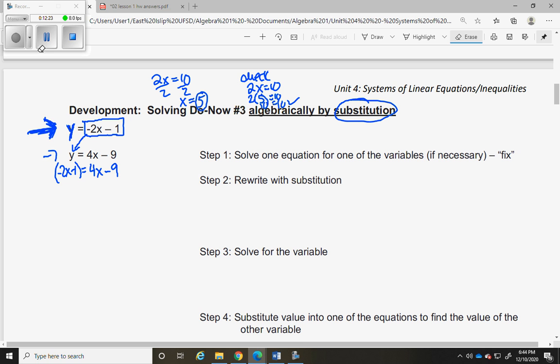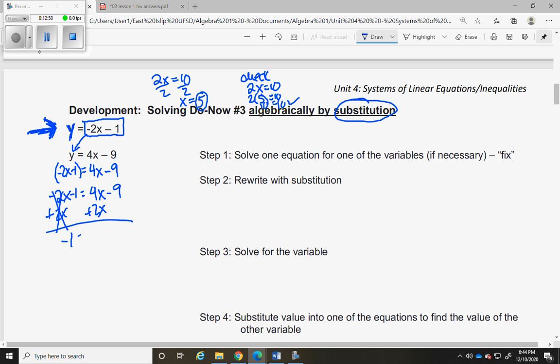Sometimes the parentheses really aren't necessary, but it's a very good habit to get into. Now, in this case, the parentheses really aren't necessary. There is a 1 in front of the parenthesis if there's anything there. And if you distribute a 1, you're left with negative 2x minus 1. And we can solve this equation now for x. Let's add 2x to both sides.